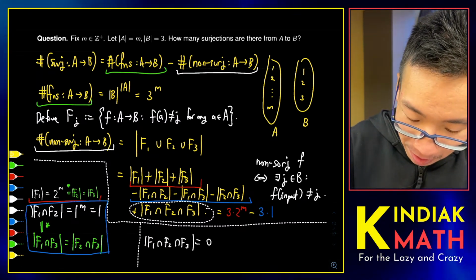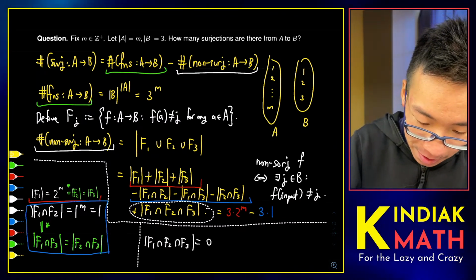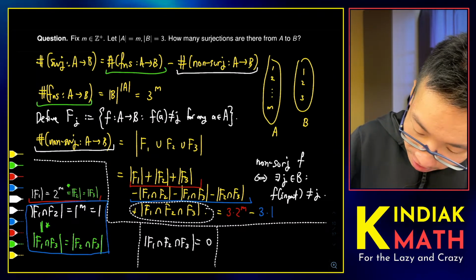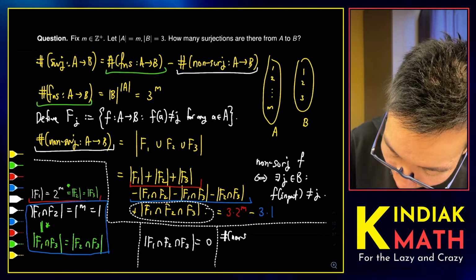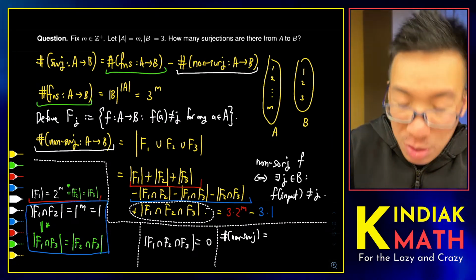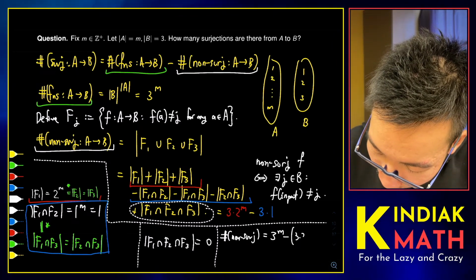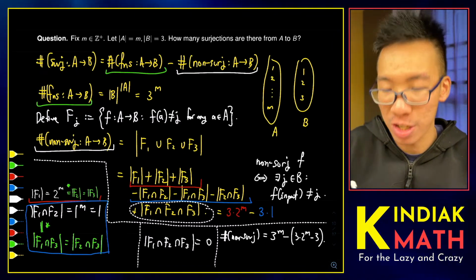And finally, we can plug it all into our final answer, because the number of surjections is equal to the total number of functions subtracted by the total number of non-surjections.